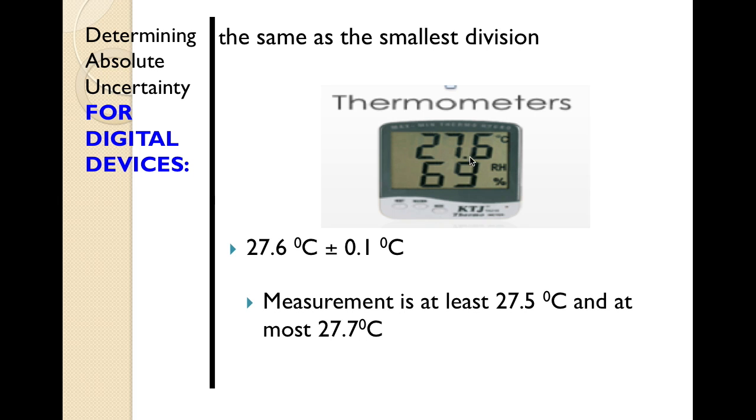So 27.6 degrees Celsius plus or minus 0.1 degrees Celsius. Pretty easy. Digital is pretty simple. Okay, that is your absolute uncertainty, your absolute range of uncertainty, which is plus or minus 0.1 degrees Celsius. That means that this measurement is at least 27.5 and at most 27.7.